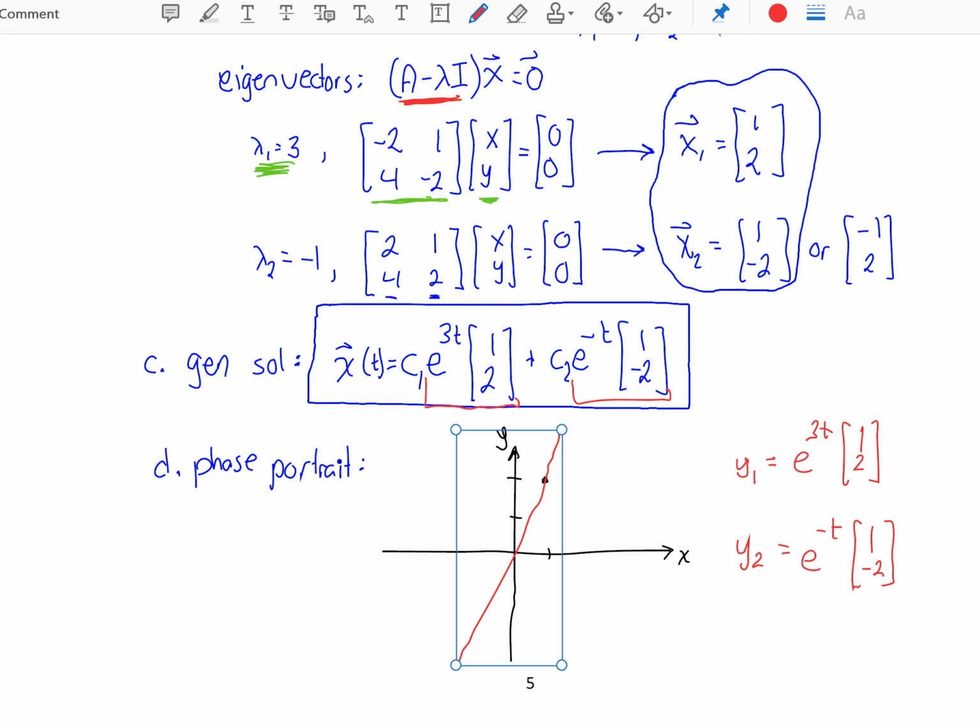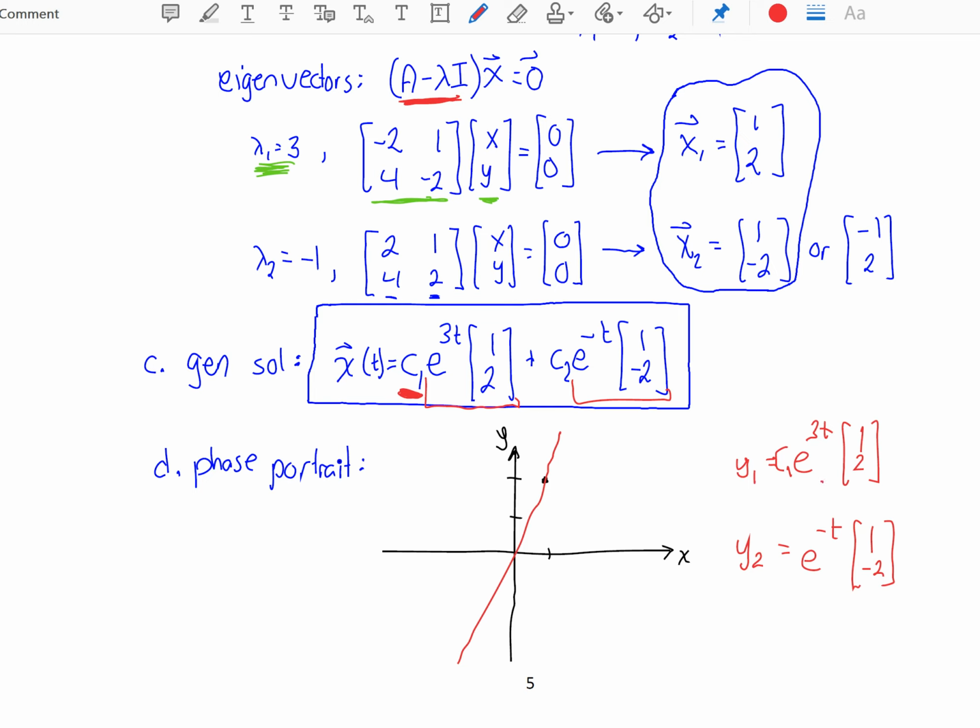Because we're taking any combination, any C1 of this solution. So if C1 is a positive number, it'll stretch us further in the direction of this line. If C1 is a negative number, it'll reflect it to the other side of our line.